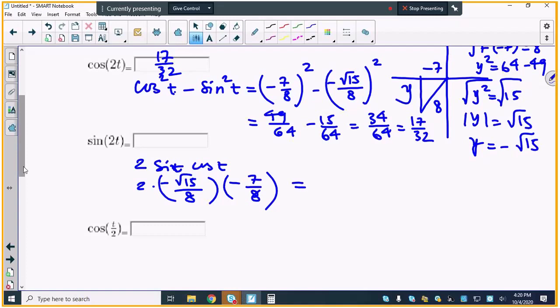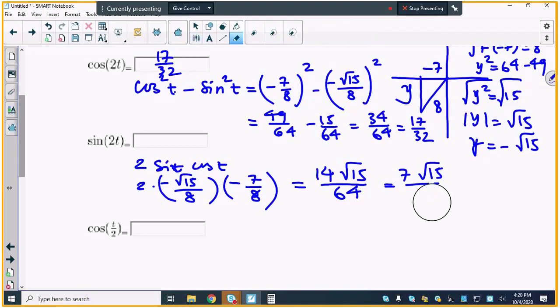So I get minus times minus is a positive, 2 times 7 is 14, square root of 15 over 64. I can divide both top and bottom by 2 to get 7 square root of 15 over 32. That is sine of 2t. Should be 32, I'm so sorry. Dividing 64 by 2 is 32.